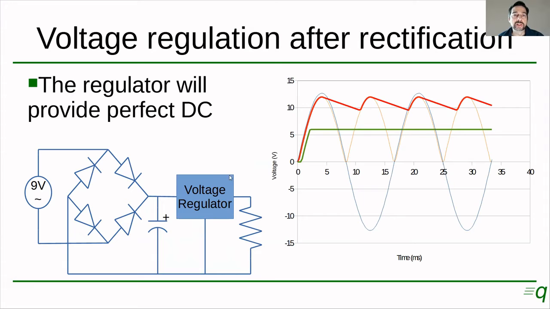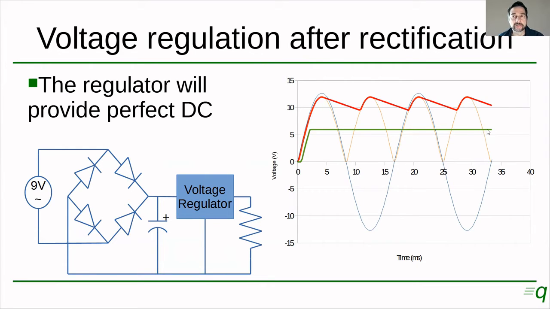If we add a voltage regulator after this filter with the capacitor, and assuming this is a 6-volt regulator, as long as the input voltage to the regulator, which would be the red trace, is within certain limits, the output is going to be very, very steady at 6 volts.